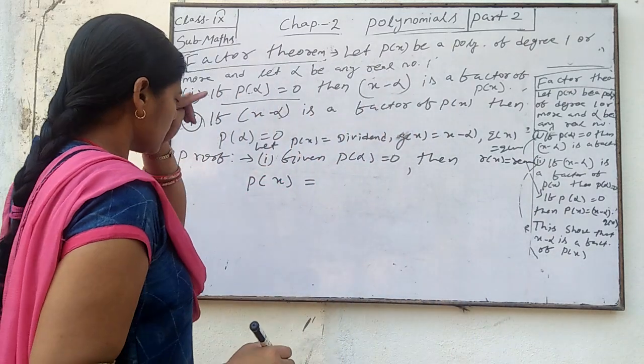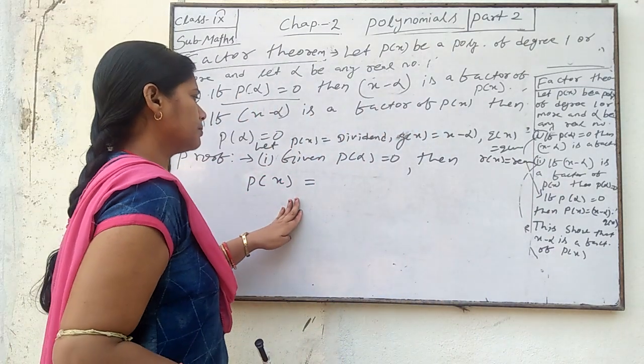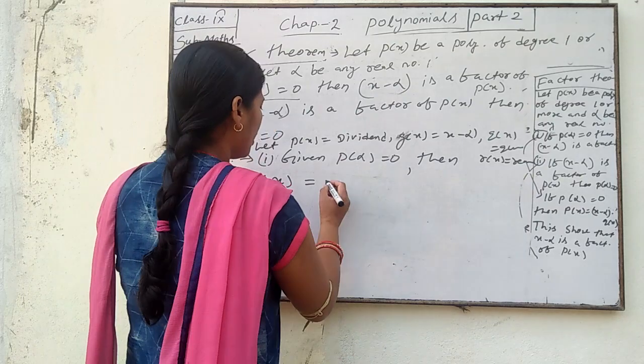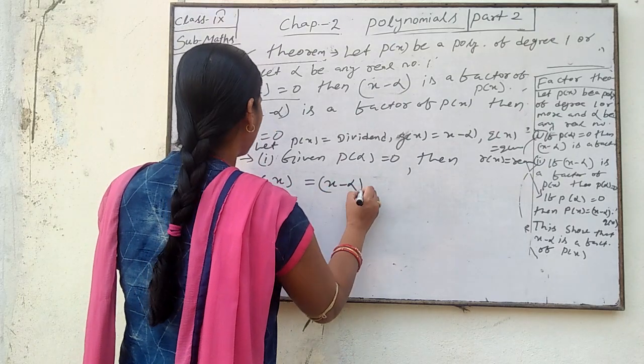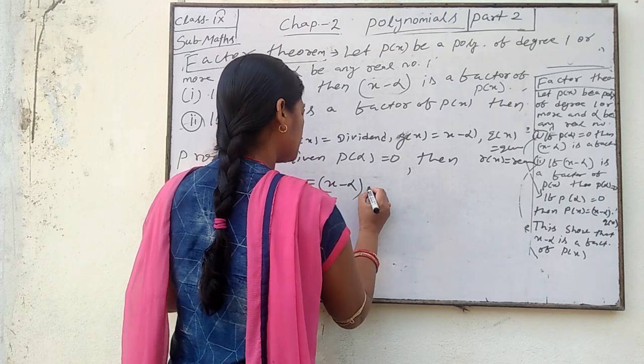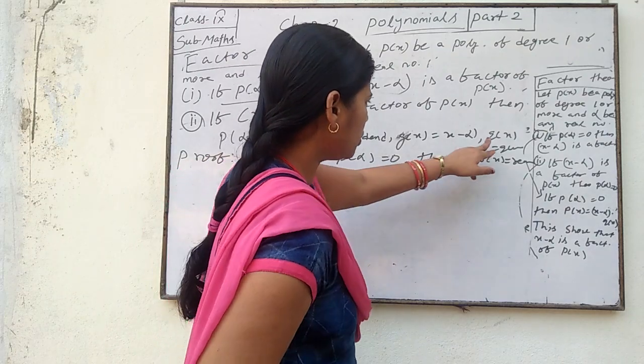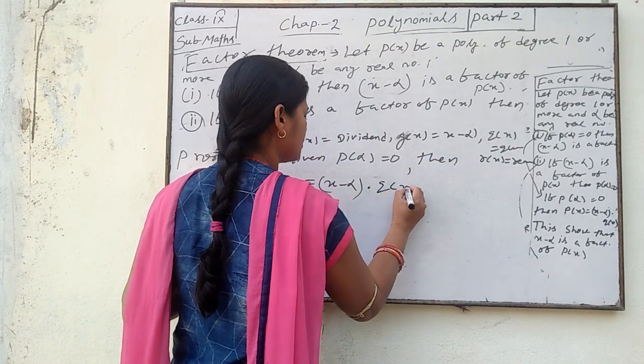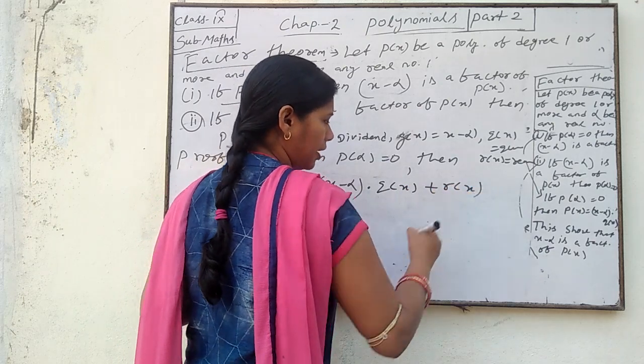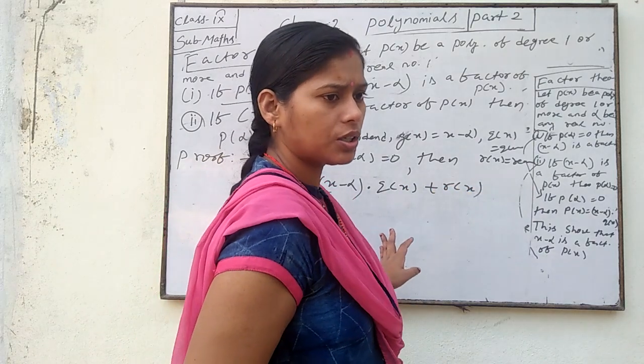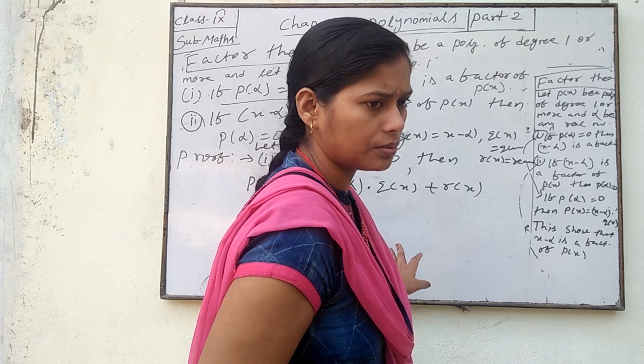So by the division algorithm, p of x is equal to x minus alpha into q of x plus r of x.